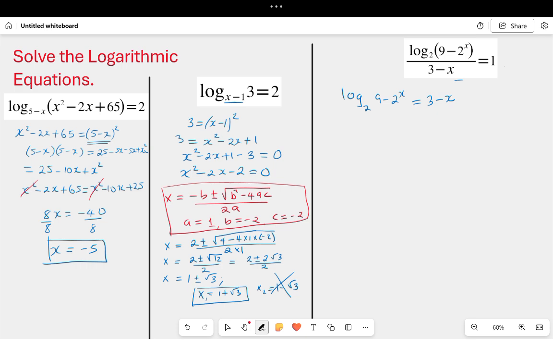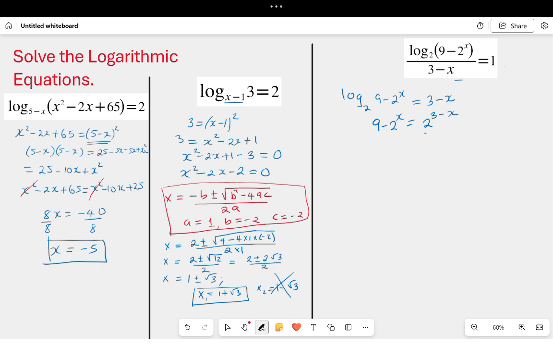Now, the next step is to get rid of logarithm. Okay, so getting rid of this logarithm, we are going to have 9 minus 2 to power x is simply equals to 2 raised to power 3 minus x.